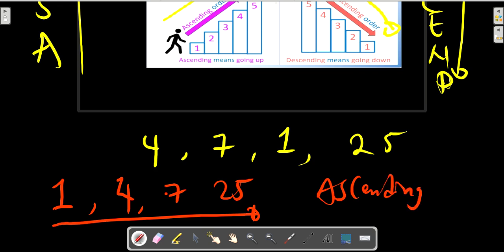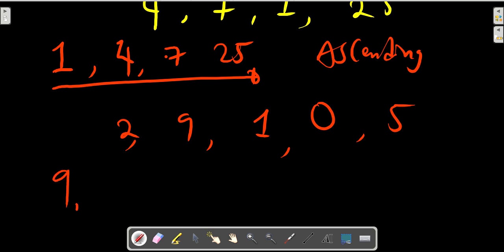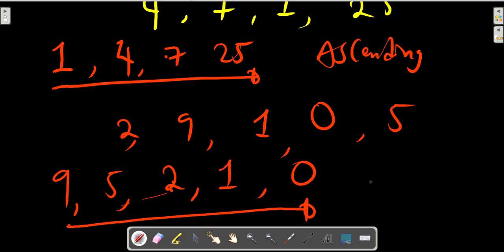And if we were to arrange another set of numbers, say 2, 9, 1, 0, 5, in this case we want to arrange it in descending order. So 9 is going to come first. We're going to get 5, then 2, 1, and 0, from the greatest to the least.